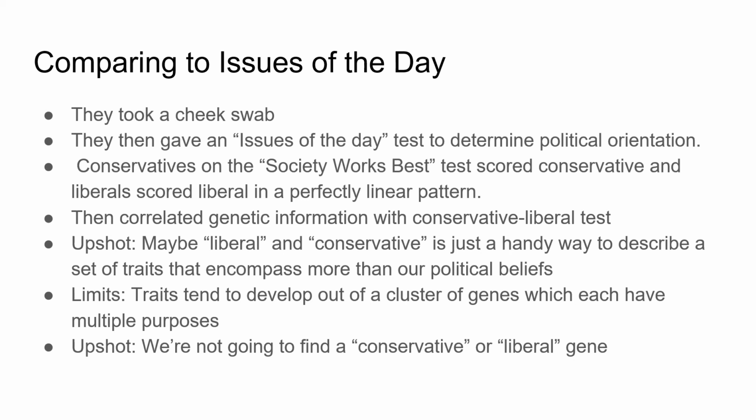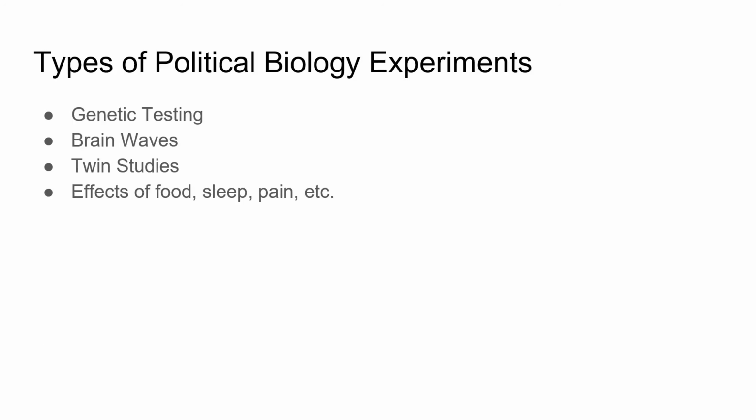That makes it very complicated to understand what's going on. It also means that we're not going to be able to find a conservative gene or a liberal gene. We're not going to be able to point to a DNA chain and say, that's what made you conservative, that's what turned you into a Republican.